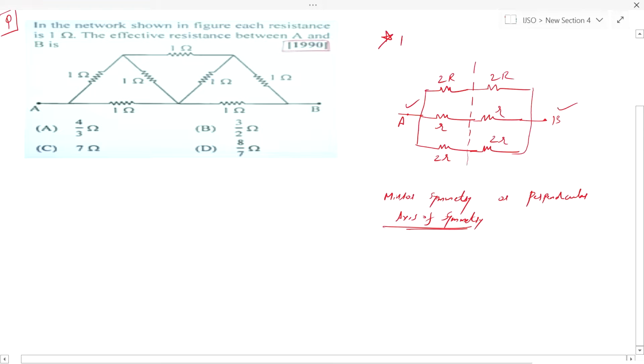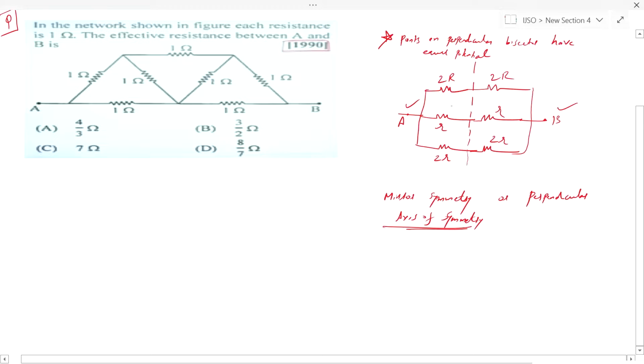Okay, so pay attention. Just write, this is the concept: points on perpendicular bisector have equal potential. Each and every point on this has equal potential.